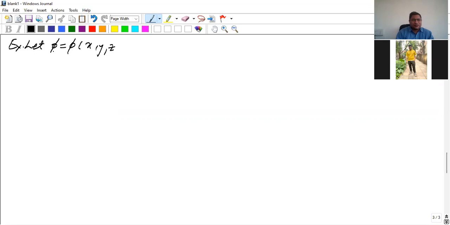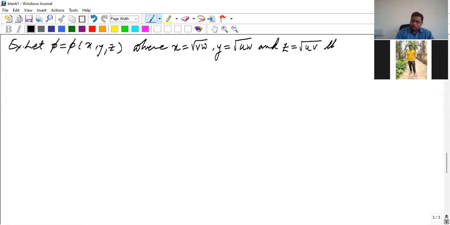So here phi is a function of x, y, and z, where x is equal to square root of v and w, y is equal to square root of u and w, and z is equal to square root of u and v.